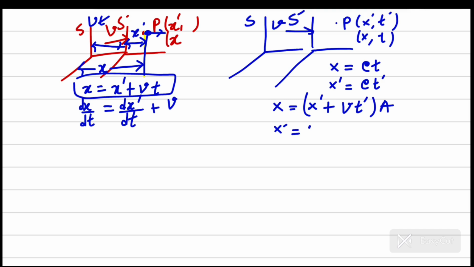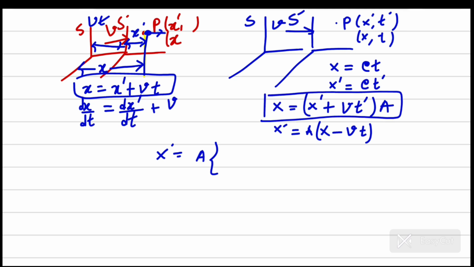So here we can write x prime equals, let's take this factor a to be the same, and unprime this x and make the plus minus, vt. So this is the inverse transformation in the Lorentz transformation, and here x prime equals a times x minus vt, and again we can write x as equal to x prime plus vt prime multiplied by a.